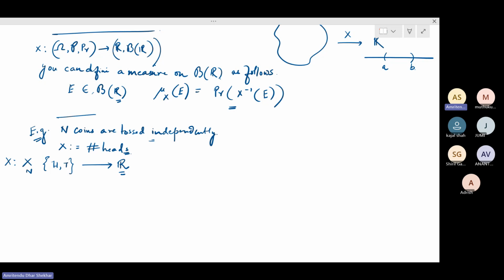Now if I pick any measurable set of R, let's say I pick some quantity, 1 comma 10, and I ask you what is the probability that x lies in 1 comma 10?